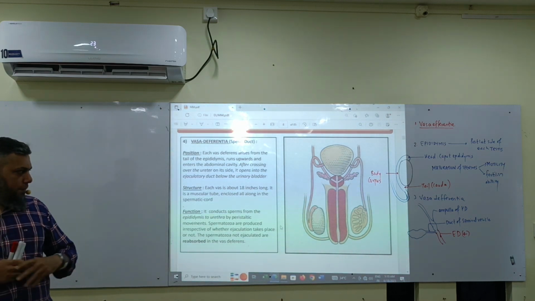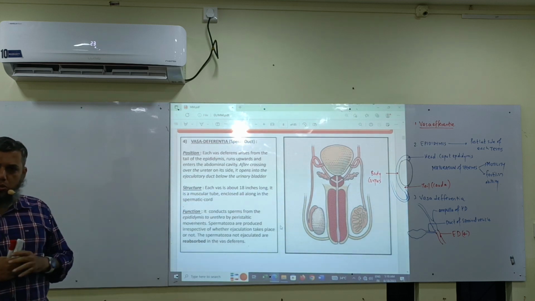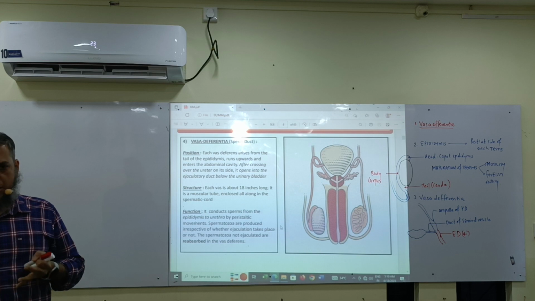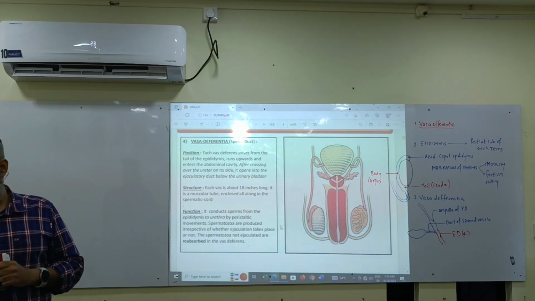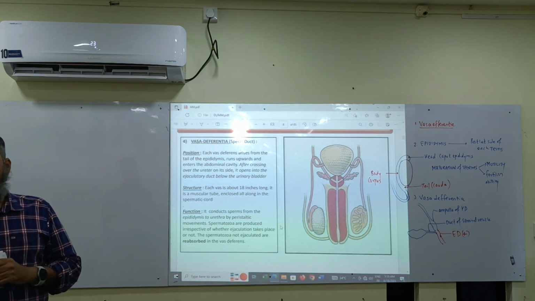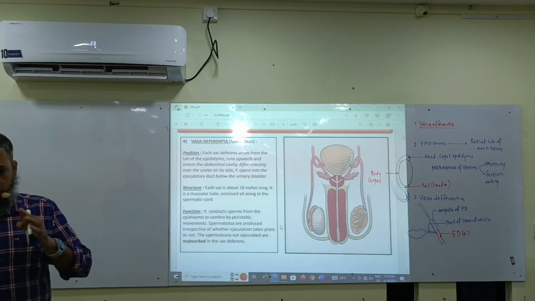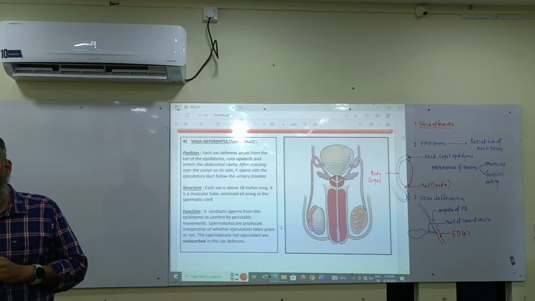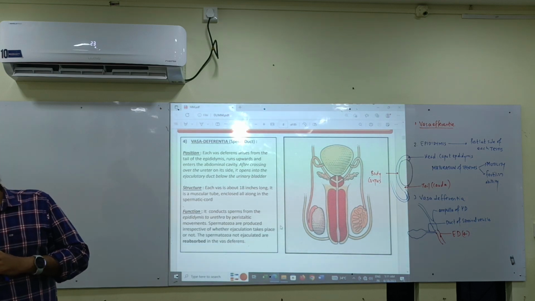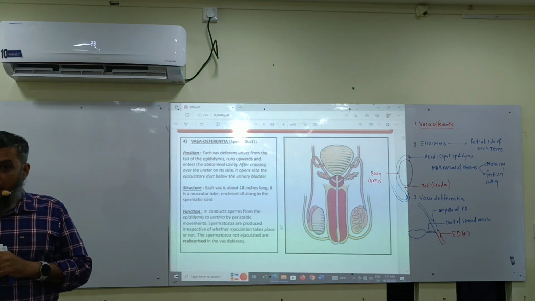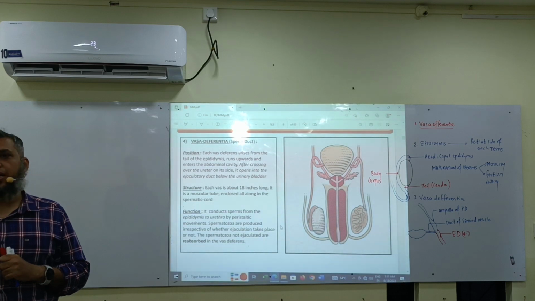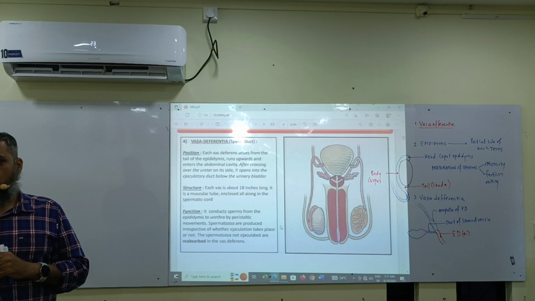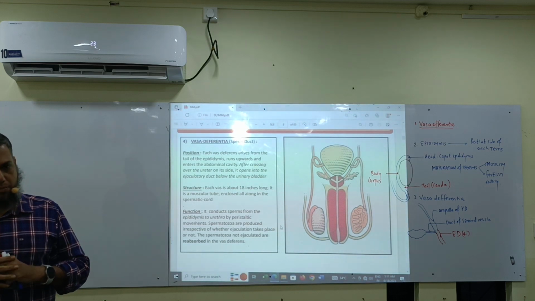So don't you think a time will come when these ducts will become full? If you keep on pouring water into a glass, a time will come when the glass will become full. Do you agree with me? So what will happen? If these ducts become full, then involuntarily, when the male is asleep, at that time these ducts will contract, and that will be nocturnal emission at night time.